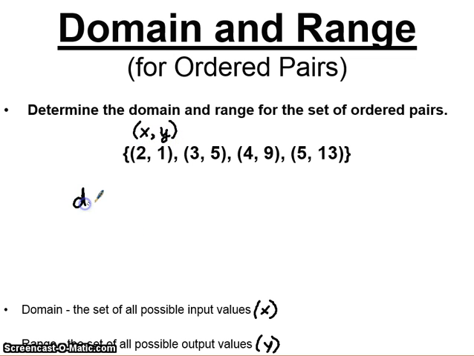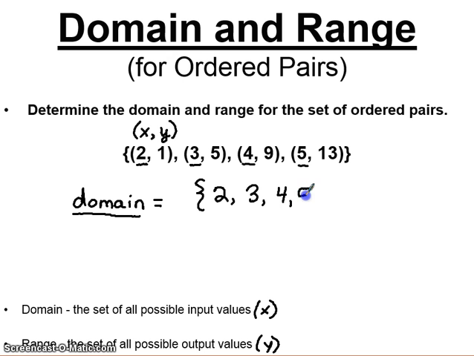So if we were to define the domain of this relationship, we know that it's a set of numbers, so you need a bracket to say it's this set of numbers, and the domain is the input values, or the x, so the x's are the first parts of the ordered pair. So the domain of this function is 2, 3, 4, and 5. Those are the possible inputs for this relationship.